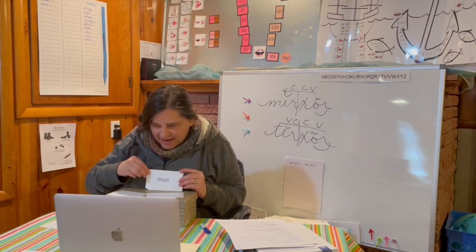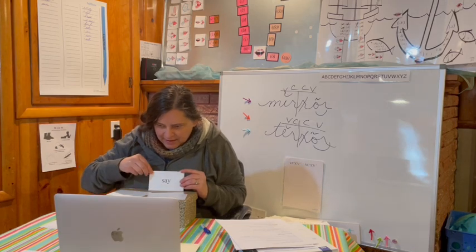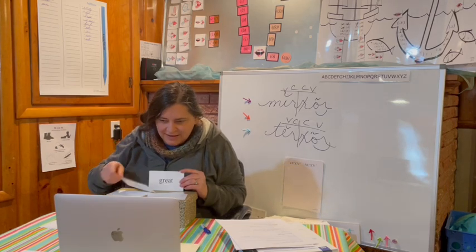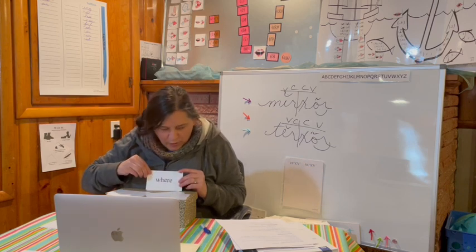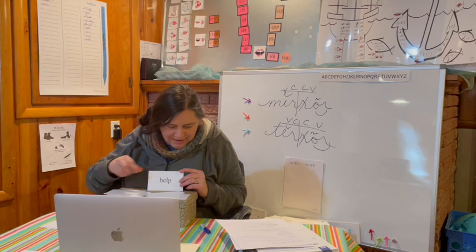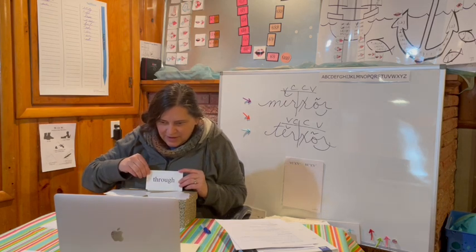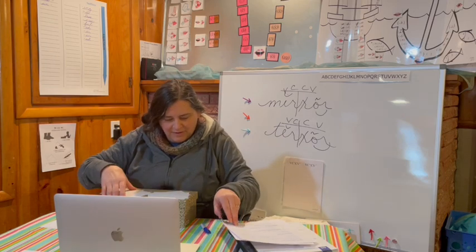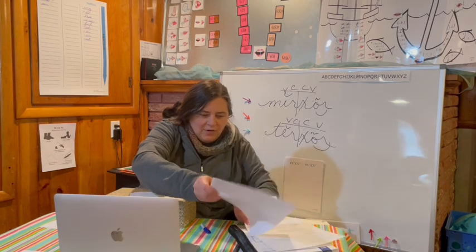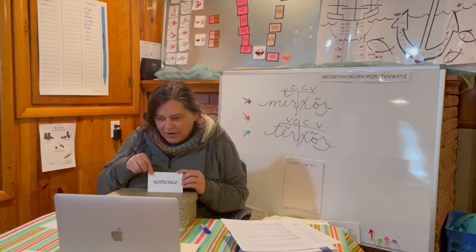Sentence. Sentence. Man. Man. Think. Think. Say. Say. Great. Great. Where. Where. Help. Help. Through. Through. Much. Much. Okay, good. So now they're kind of mixed up, and I want you to just say them on your own.